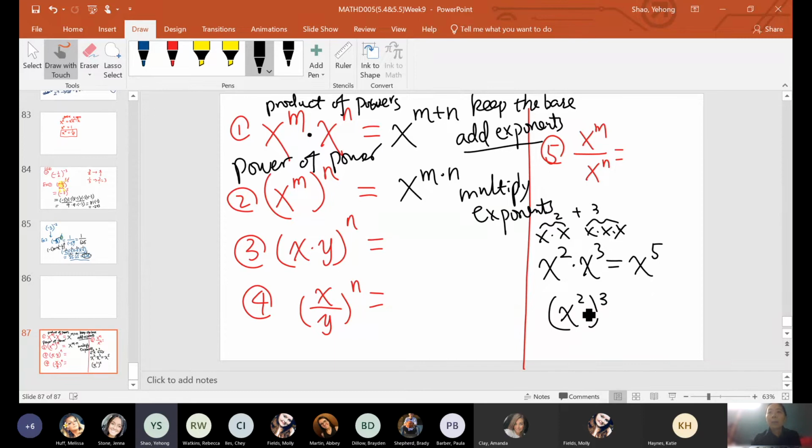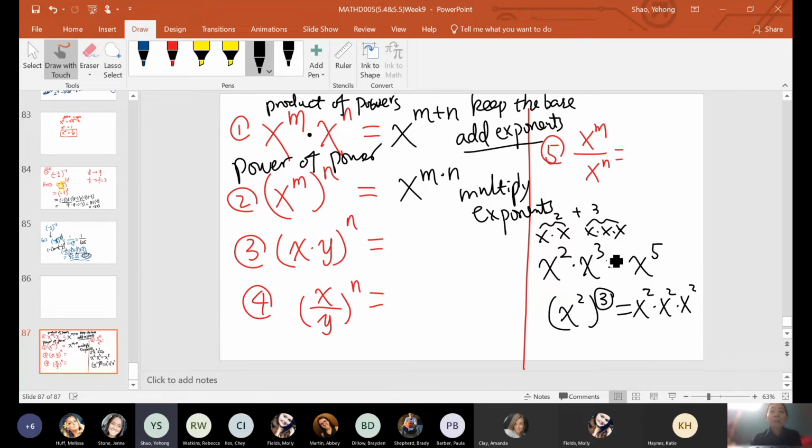But in the second case, when you have 2 powers together, it doesn't mean you have 2 copies of x and 3 copies of x. It means you have 3 copies of whatever is inside the parentheses. So you will have 3 copies of x squared.